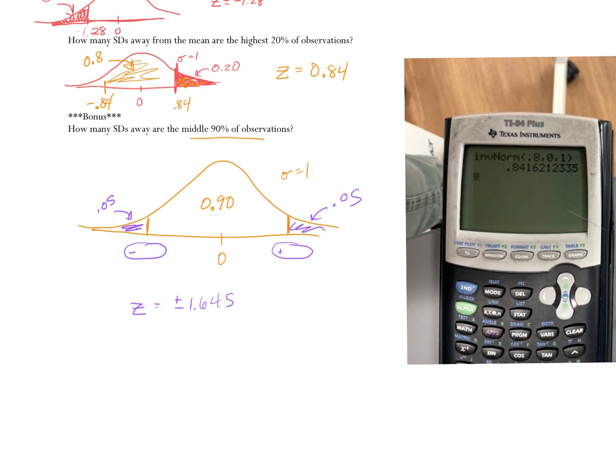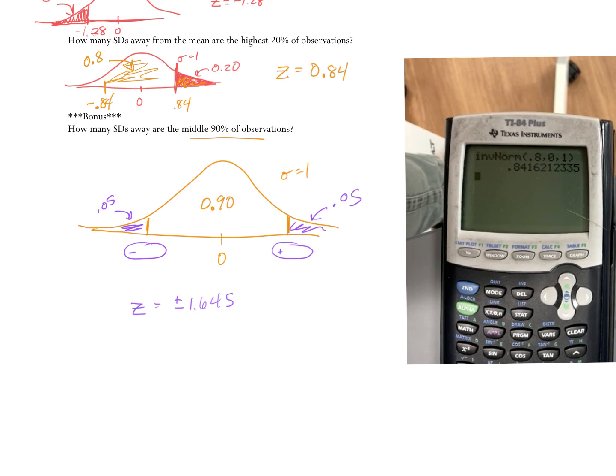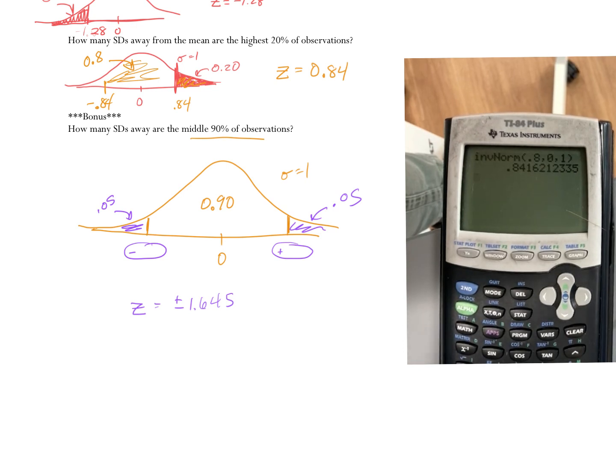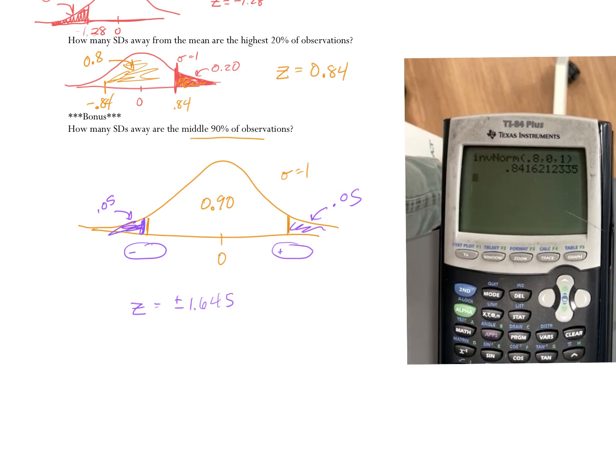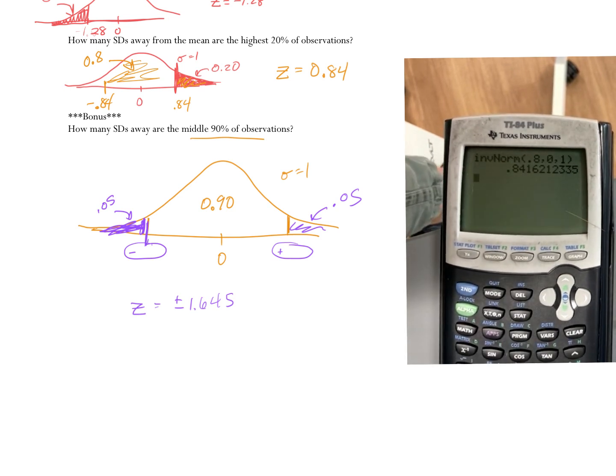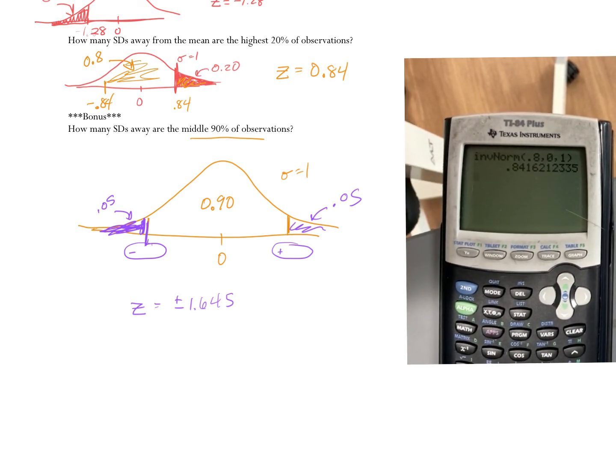Do you put it in the calculator as 0.9? No, because your calculator only thinks left side, right? If you want to find this one, what's the area to the left of that value? It's 0.05. So you do 0.45? No, just 0.05. And that'll get you the negative 1.645.